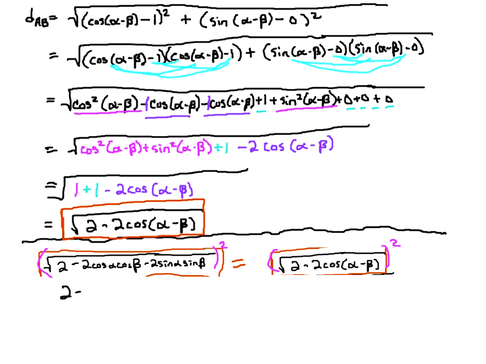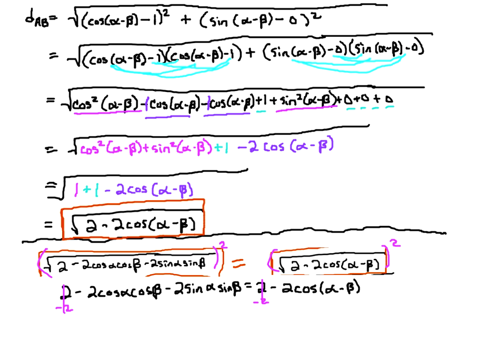So now I've got 2 minus 2 cosine alpha cosine beta minus 2 sine alpha sine beta equals 2 minus 2 cosine alpha minus beta. And I can subtract 2 off of both sides. And that gets rid of those 2 right there.